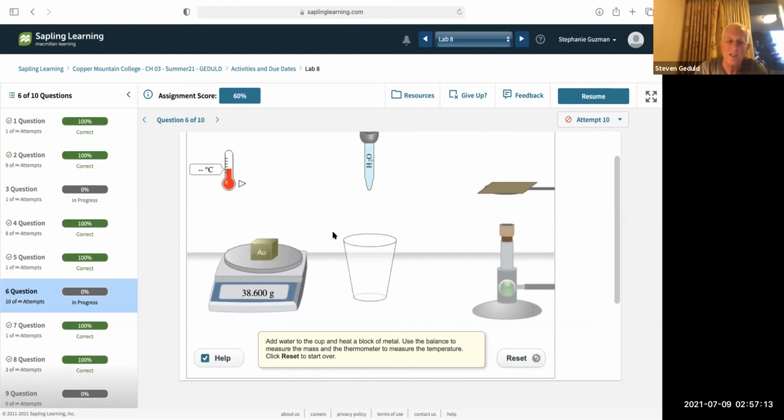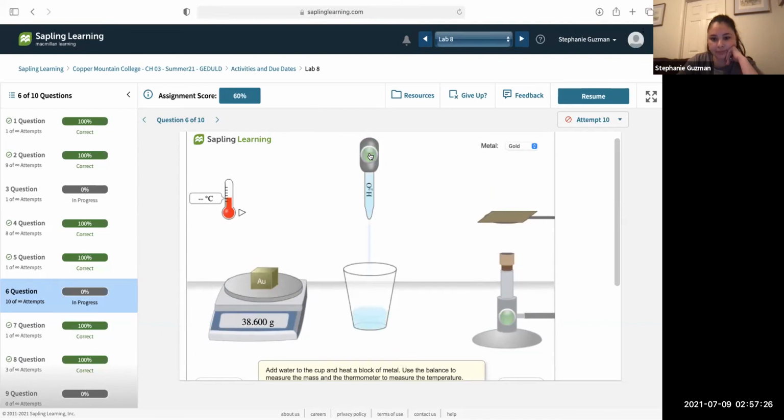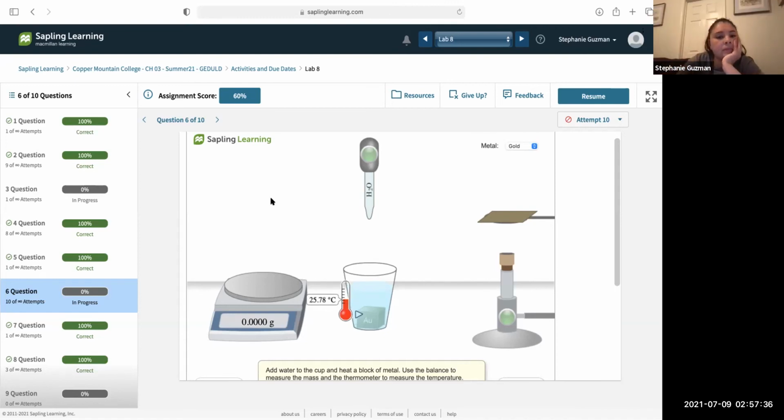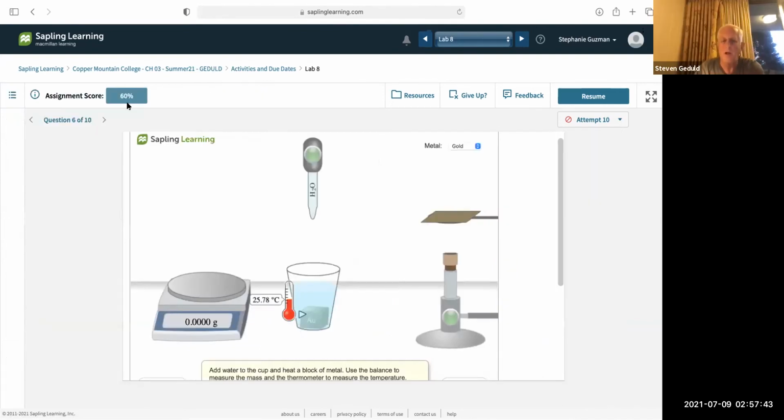The mass of the gold is 38.600 grams. Okay, now heat the gold, or you already heated it? Yeah. Okay, fill the water. Hope the numbers don't change. Put the gold in there. Now take the temperature of the water. 25.78. Okay, so we got all our values.